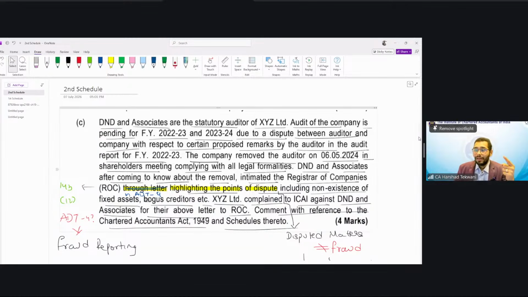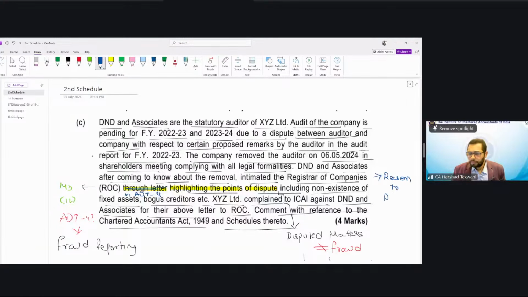Over there, it will be the responsibility of the auditor to demonstrate that in this particular scenario, the auditor had sufficient reason to believe that an offense of fraud, which involves an amount of more than 1 crore of rupees, has been committed. So there will be two things: the offense of fraud, like reason to believe, plus 1 crore.